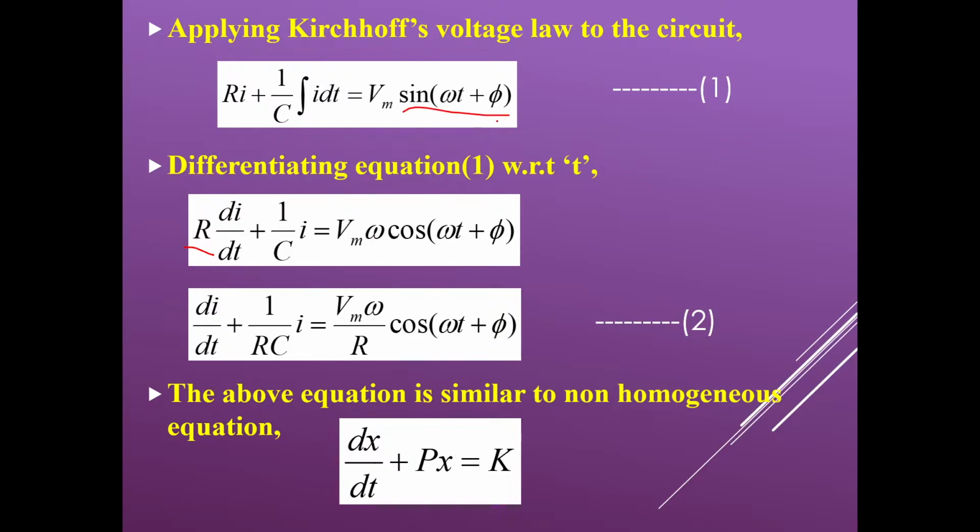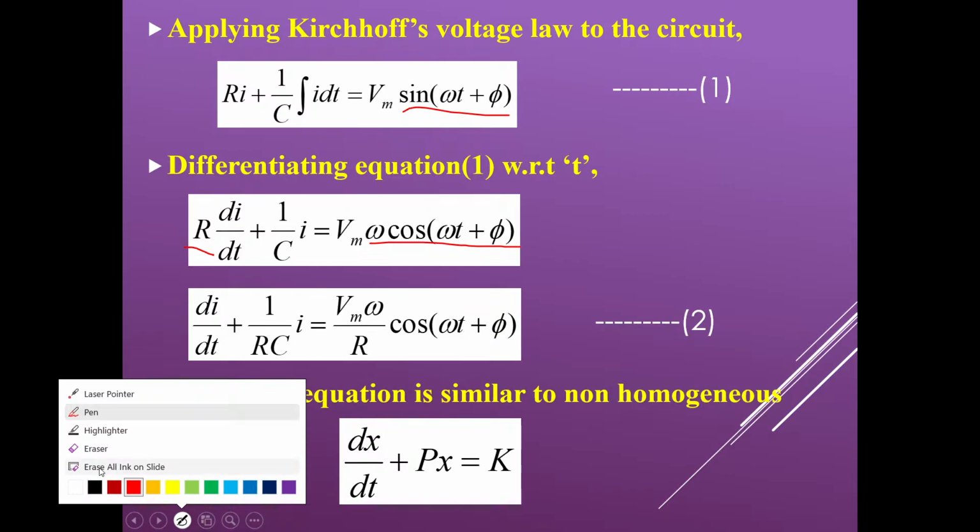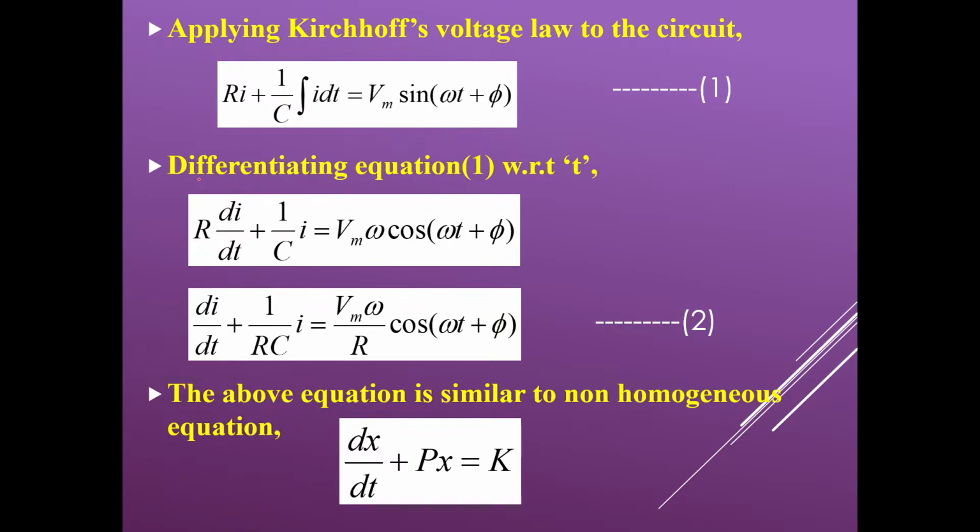Differentiating sin(omega t plus phi) with respect to time, you get omega cos(omega t plus phi). I want to convert this into a homogeneous or non-homogeneous form so that I can find the solution for the expression I got by KVL. So simply I have differentiated with respect to time.